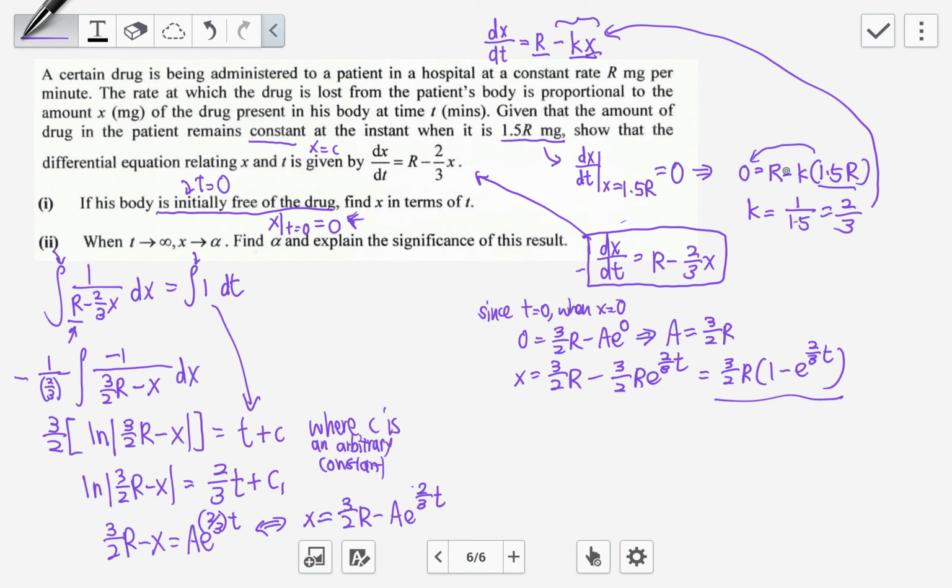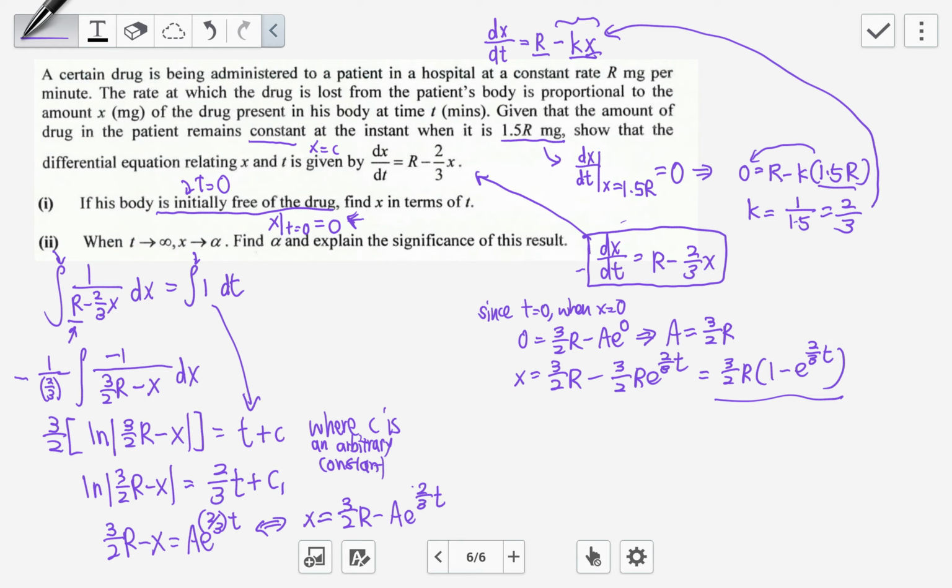So this would be k times 1.5r, divided by 1.5r, so 1 over 1.5 indeed is like 2/3. Okay, k equals to 2/3, so I have not gotten it wrong. This one is correct.